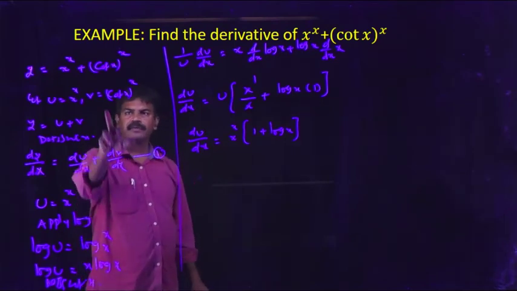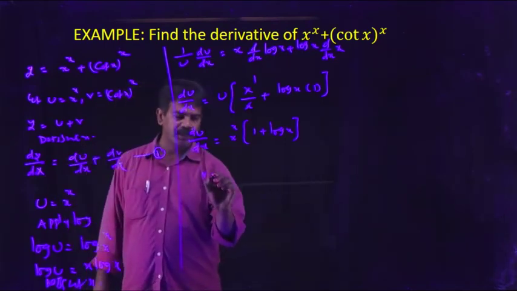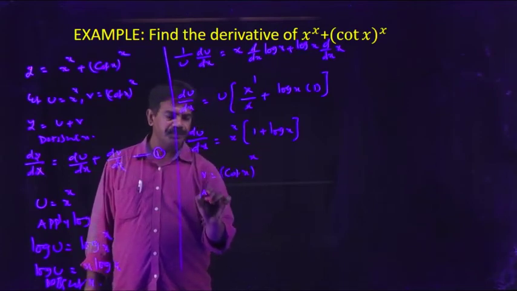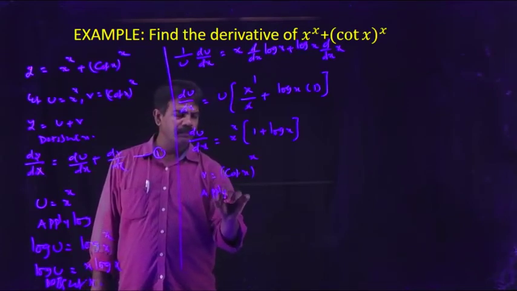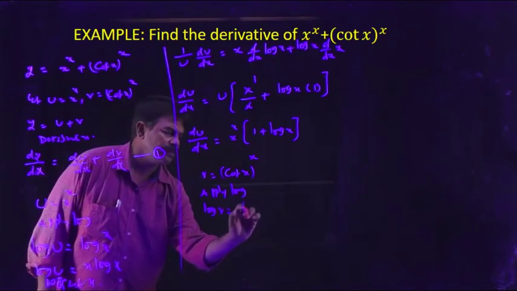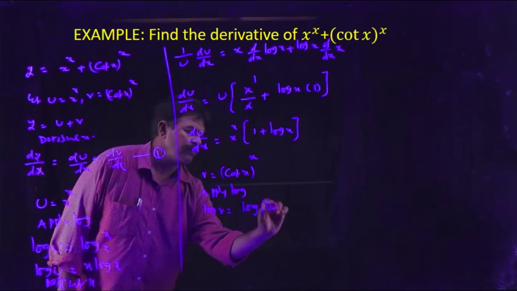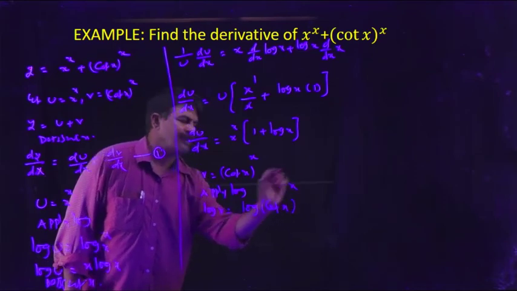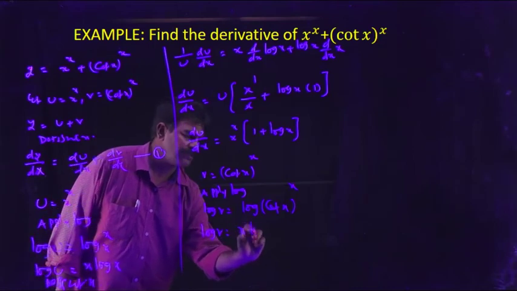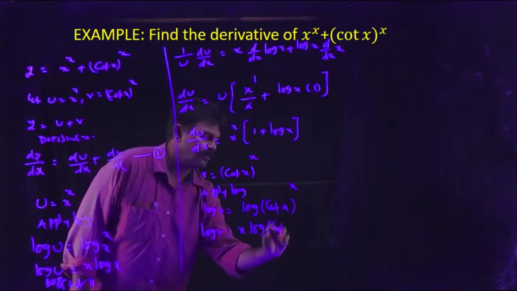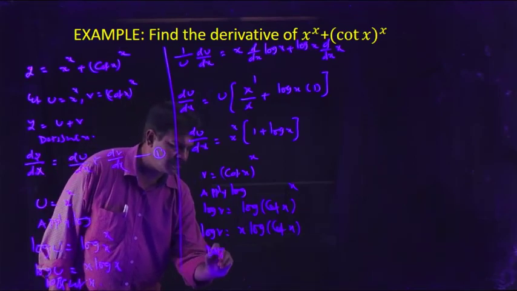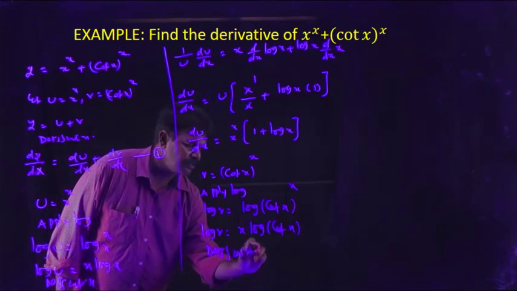Now take dv by dx, that is v is equal to cot x power x. Again apply log. Log v is equal to log of cot x power x. Log v is equal to x into log of cot x. Differentiating on both sides with respect to x.